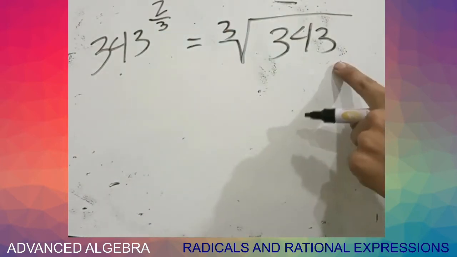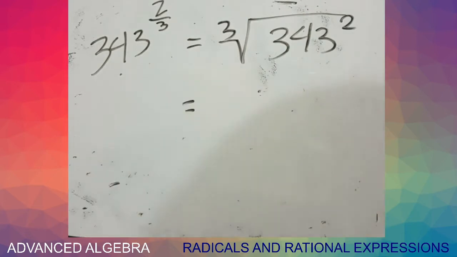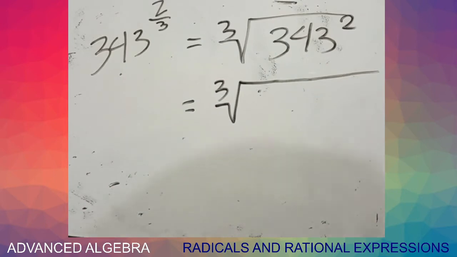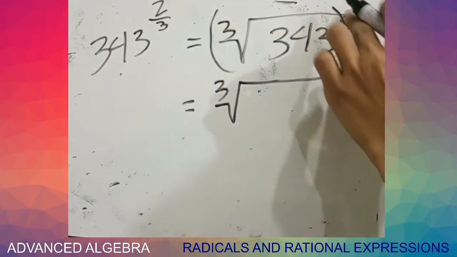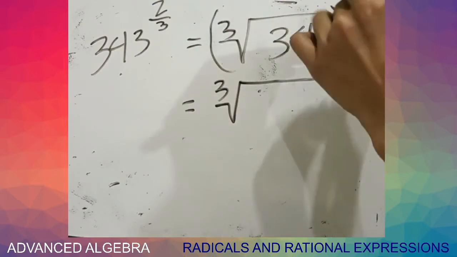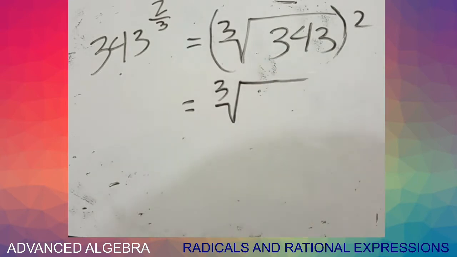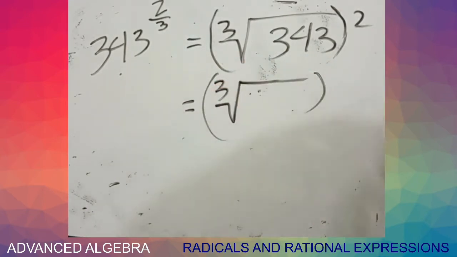Then, ang magiging exponent ng 343 ay 2. Okay. Para hindi tayo mahirapan, lagyan muna natin siya ng parenthesis. Para hindi tayo mahirapan sa pagsosolve. Okay. So, cube root of 343 squared.